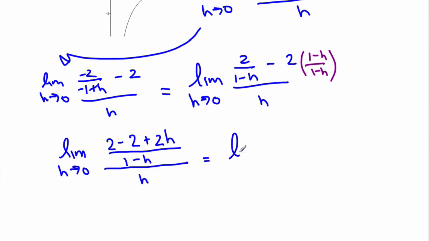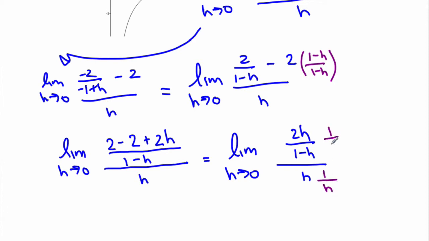Okay, keep on rolling. Limit as h approaches 0. 2 minus 2 is 0. So then we have 2h over 1 minus h all over h. Okay, let's multiply by the reciprocal. Multiply by 1 over h, divide by h over 1. The point of that was to make sure that this canceled.